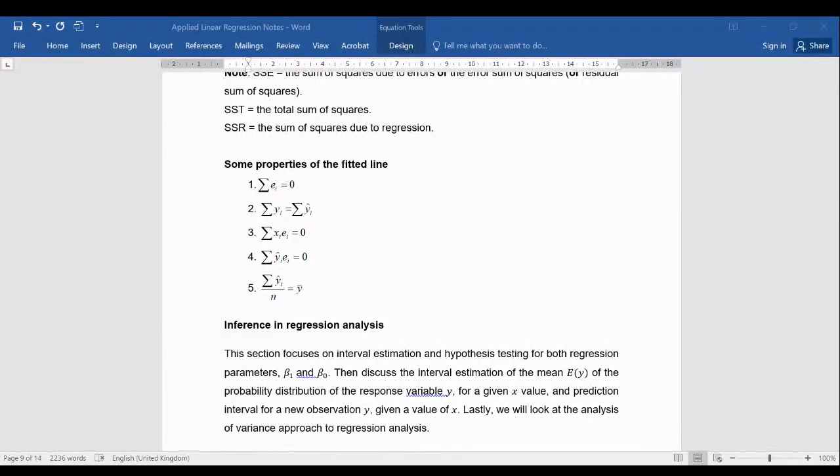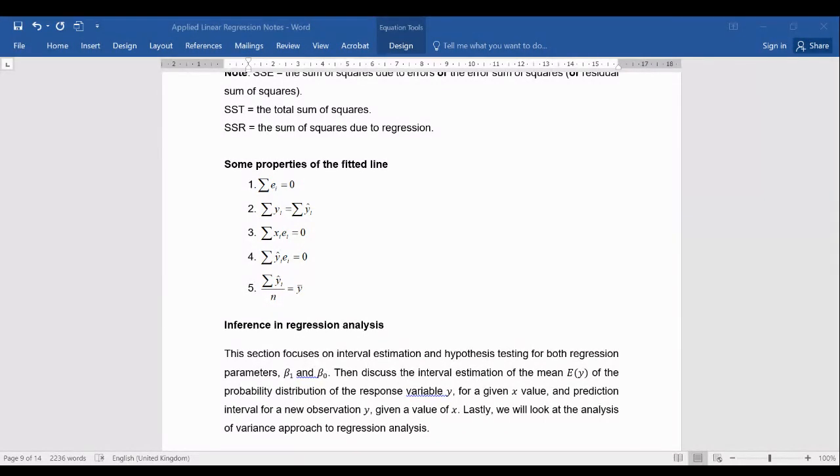So we are looking at the properties of the fitted line. The first one is that the sum of the errors is equal to 0. We proved this in the morning, that the sum of the errors is indeed equal to 0.